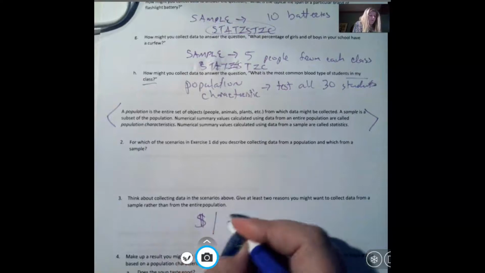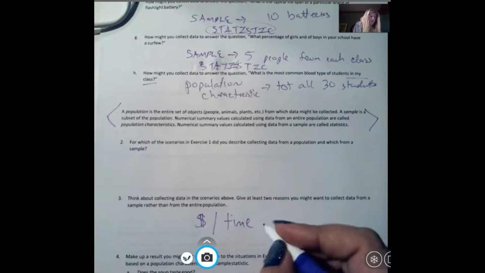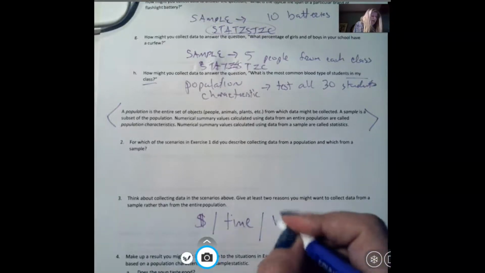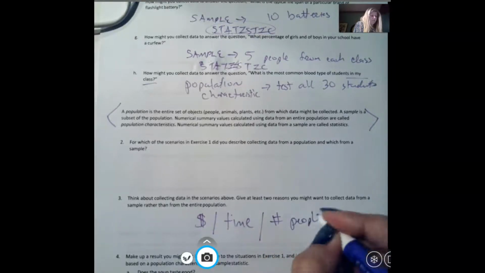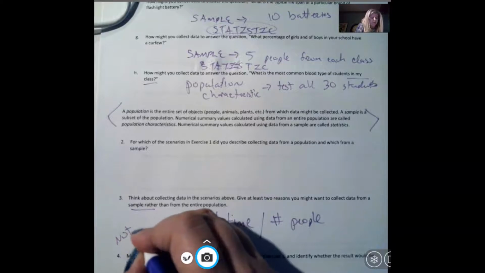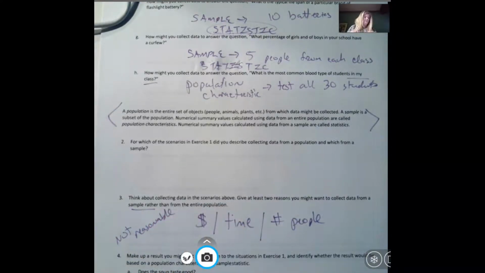Well, we talked about money with the batteries, the time it would take to test everybody or everything, and then also the number of people. If there's too many people or too many batteries or whatever, or eating the entire pot of soup, that's just not reasonable. So that's when you might want to sample, when it's not reasonable to test or to ask or survey the entire population.